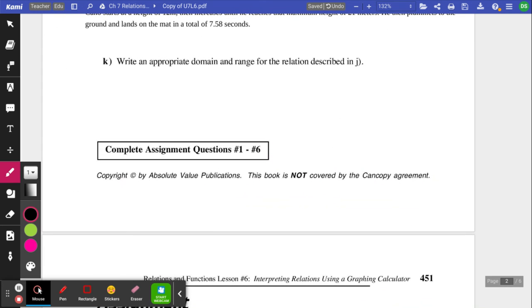What letter am I using? T. How do I do this? I write them down. There's 2 limits. What do I put in the middle? T. You must put T in the middle. Some of you aren't doing that yet. Hopefully you are right now. Time is continuous, so it's all real numbers. T is an element of real numbers.